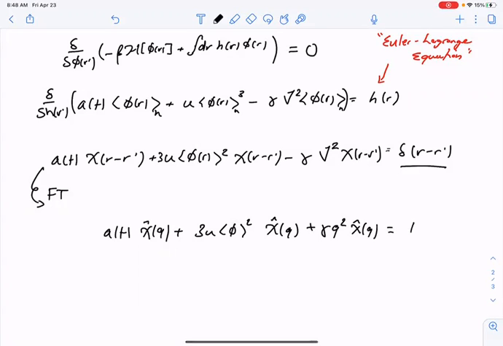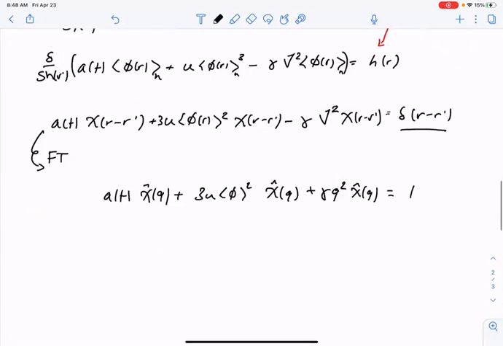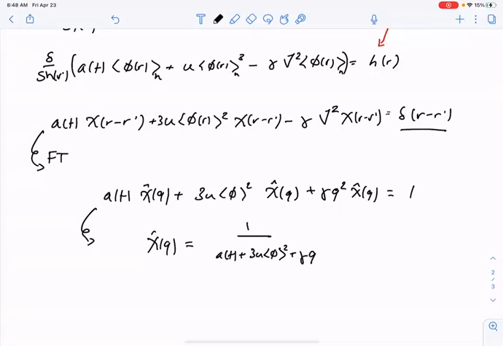The Fourier transform of the delta function is just unity. So now I have an algebraic equation that I could rearrange and solve for chi, leaving me with a of t plus 3u times the magnitude of the average value squared, plus gamma q squared.